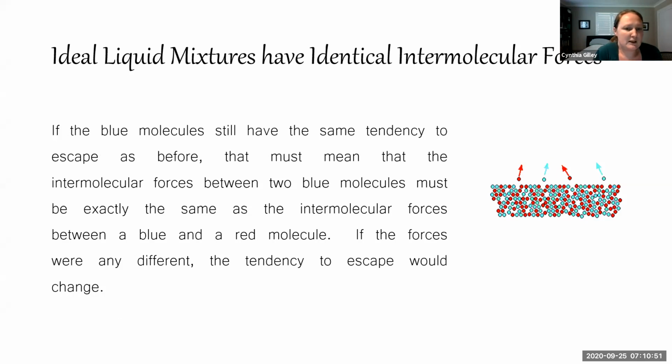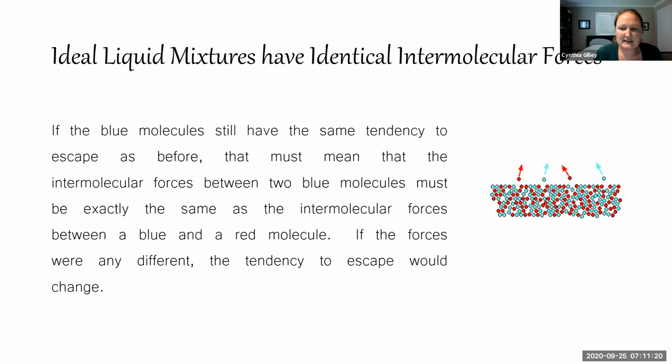If the blue molecules still have the same tendency to escape as before, and same thing with the red, that must mean that the intermolecular forces between two blue molecules must be exactly the same as the intermolecular forces between a blue and a red molecule, which is, again, the ideal liquid mixture that we've been talking about. If the forces were any different, then the tendency to escape would change.